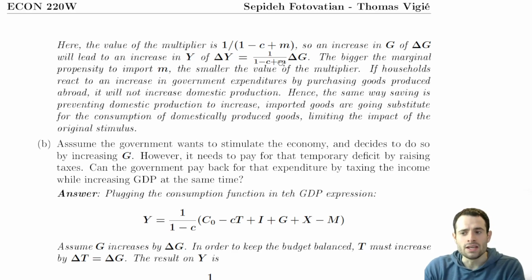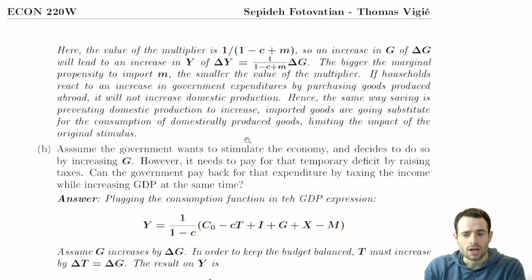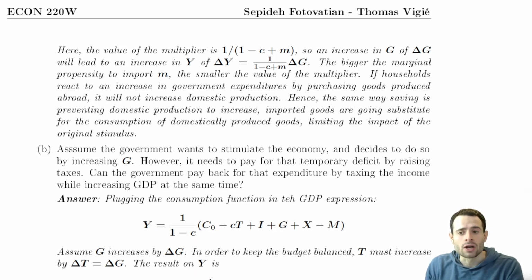Here is the intuition. A government stimulus should in principle stimulate consumption thanks to little c. However, if households instead decide to buy goods that were produced abroad and not domestically, then that will have less impact on GDP. In fact, it will just not increase domestic production.